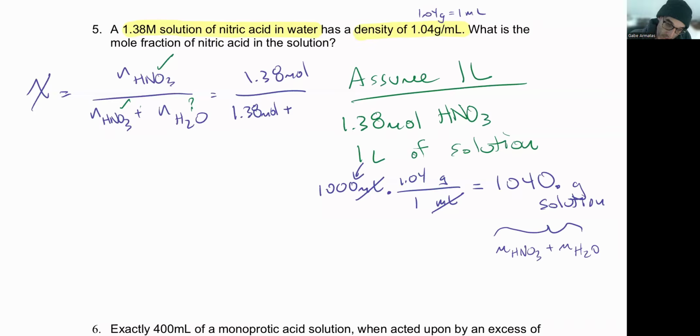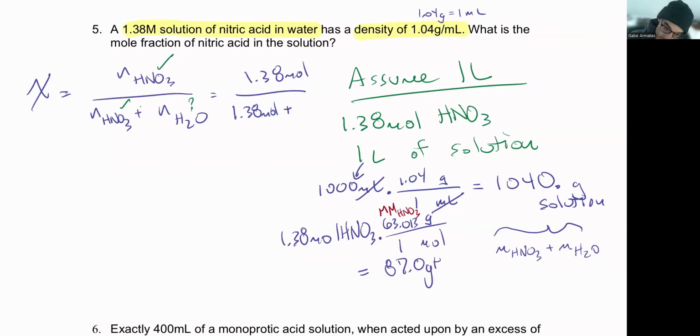Because we know that I have 1.38 moles of HNO3, I can figure out the moles to grams. The molar mass is 63.013, that's the molar mass of the HNO3 to 1 mole. When I do the math, I actually have 87.0 grams of HNO3.